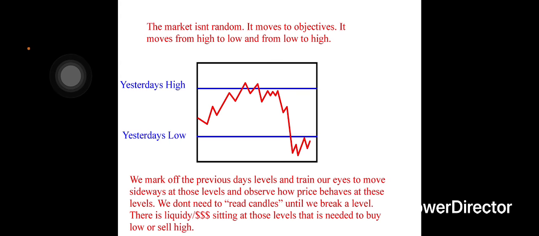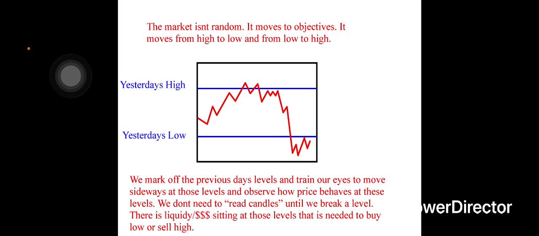So we want to zoom out, look at those levels and train our eyes to move horizontally and observe how price behaves at those levels. We don't need to actually read candles until we break a level, right? Or until we trigger a level and we're looking for entry criteria.